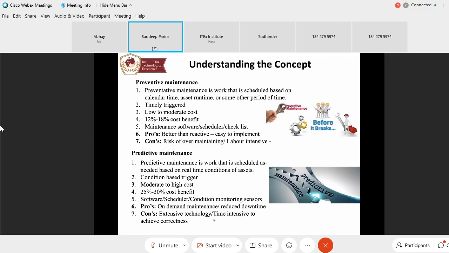There are ways in which you can start with a low cost also. And second, it is time intensive to achieve correctness, where you use either AI or ML. So I'll come back to it.